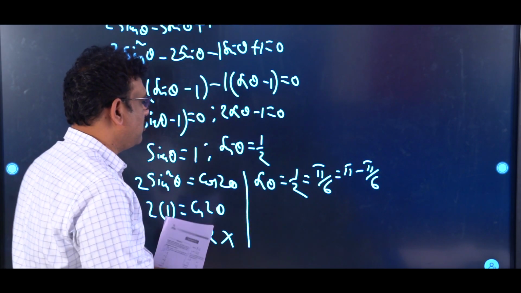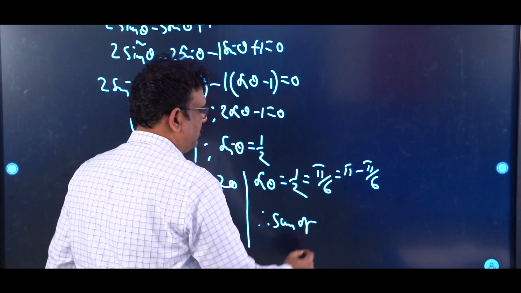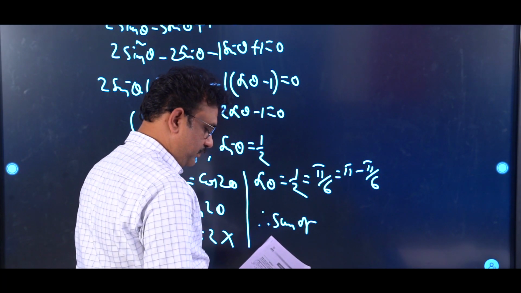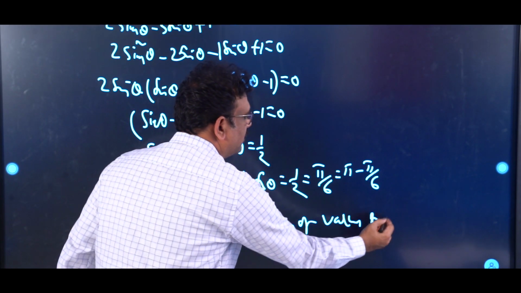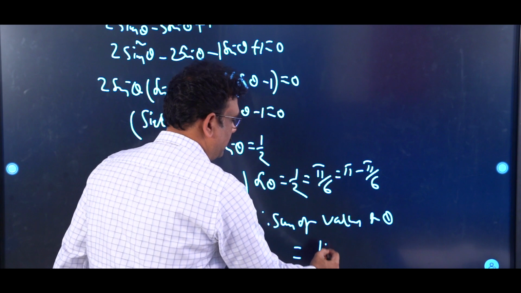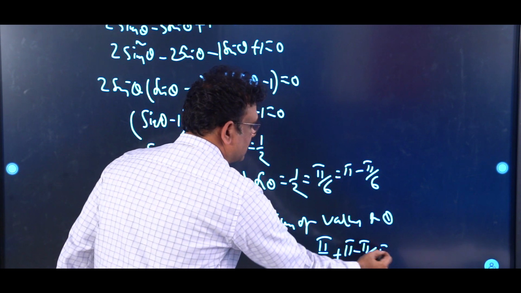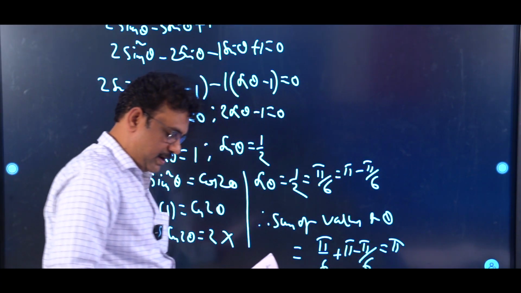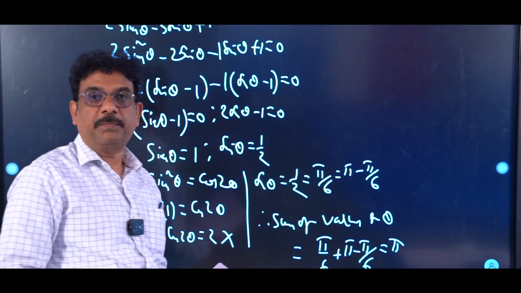So the sum of these two values of theta is equal to pi by 6 plus pi minus pi by 6, that is equal to pi. So the answer is the second option, that is pi.